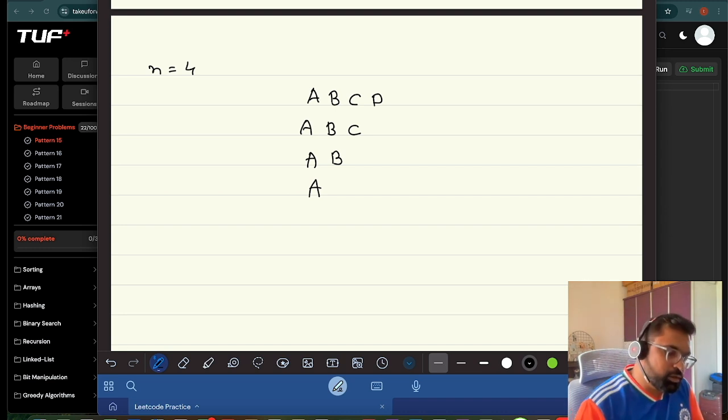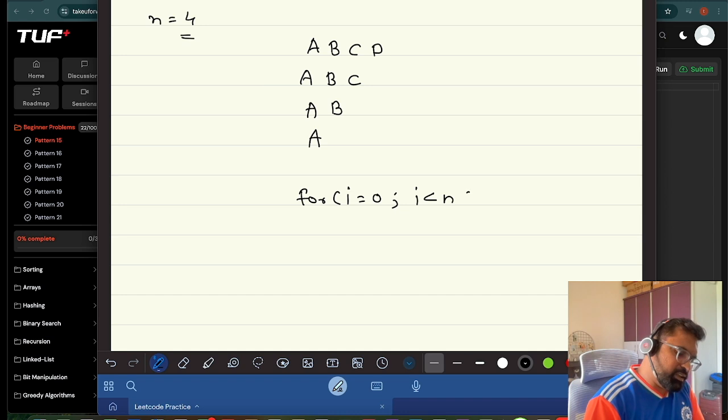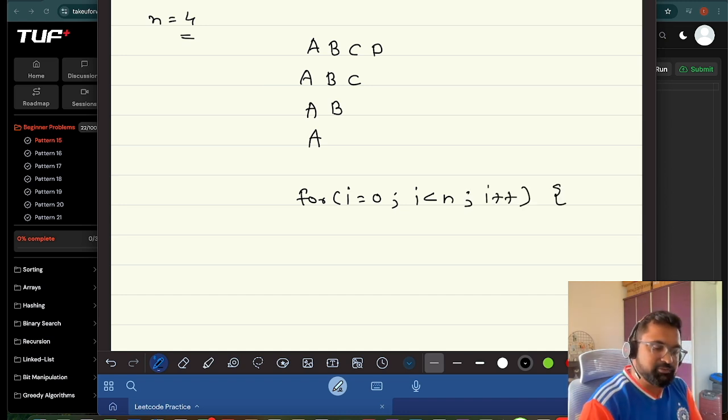We can clearly see the number of rows is 1, 2, 3, 4, which is equivalent to n. So can we say that my outer loop will run for i equal to 0, i less than n, i plus plus? Yes, we can say that, and it will give you 0 to n minus 1 rows, that is 4 rows in this particular case.